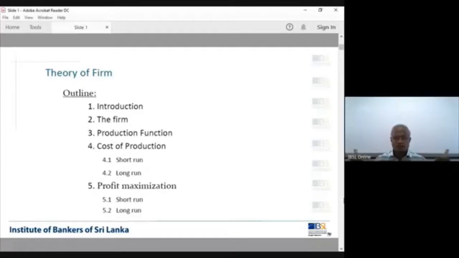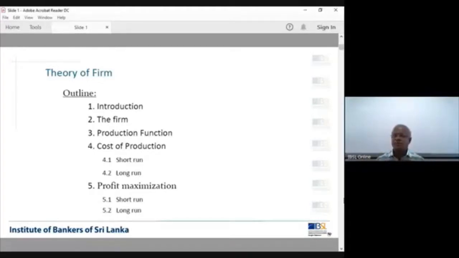Firms combine inputs and produce the outputs. So this input-output relationship is called the production function. If you can write down a mathematical function, it is called the production function, the relationship between inputs and output.